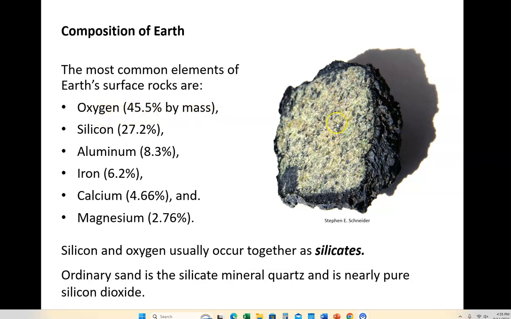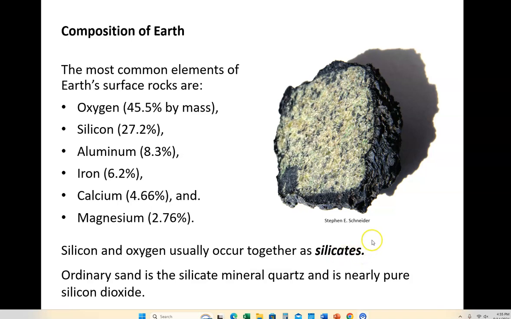But in rocks, usually the oxygen and the silicon are bonded together, and they form what are called silicates. Most of the rocks on Earth, not all, mind you, but most of the rocks, are silicates.